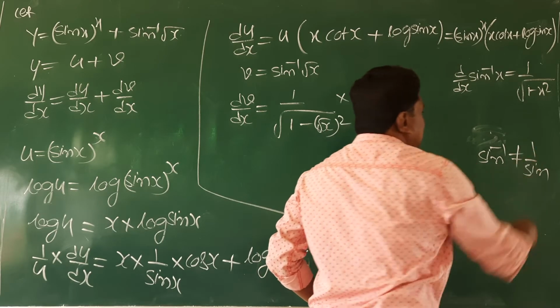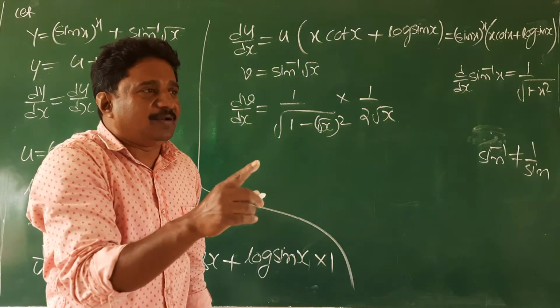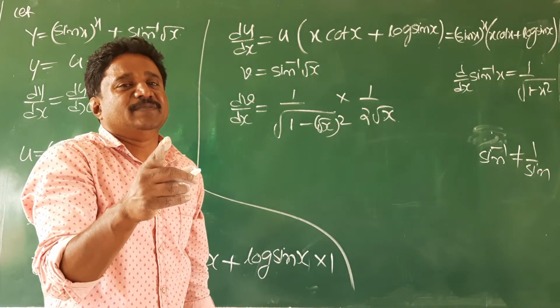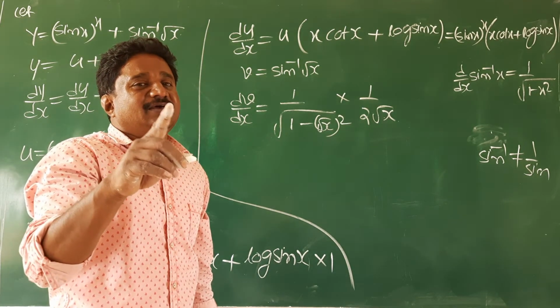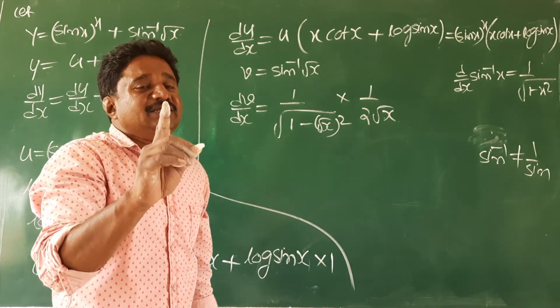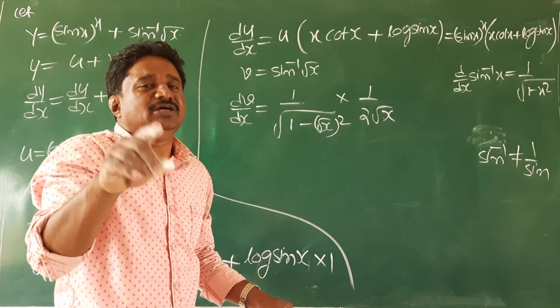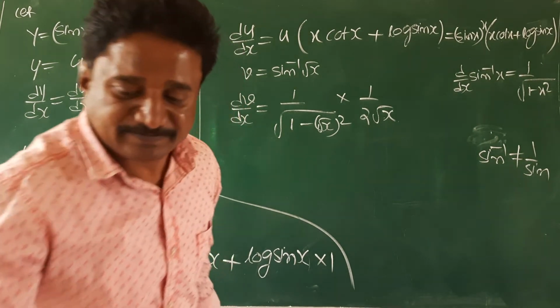That power minus 1 indicates an inverse function. You should not take that as x power n, because it is not a power. It is just a representation. To represent that it is an inverse function, we use that power minus 1. Keep that in mind.